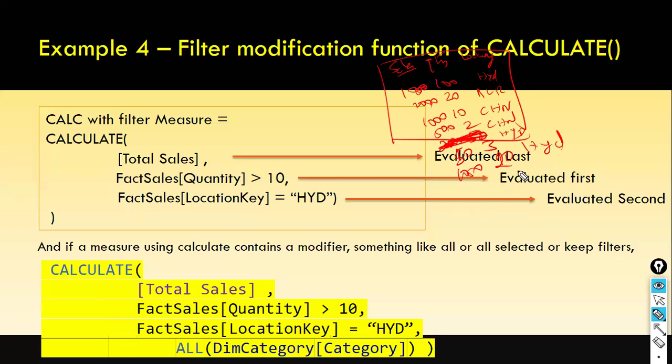So what will you do? How will you find out the total sales for Hyderabad wherein the quantity sold was more than 2? In that case, you look at only the Hyderabad related transactions, right? First, you apply the filter logically. Take only the Hyderabad related records, group all the Hyderabad related records, mentally you do it.